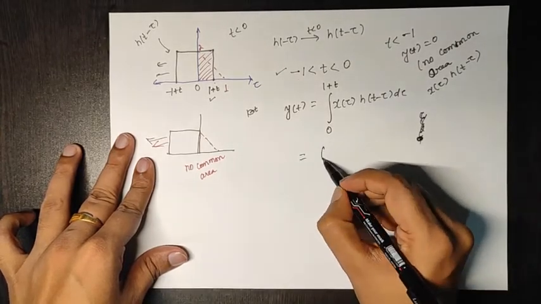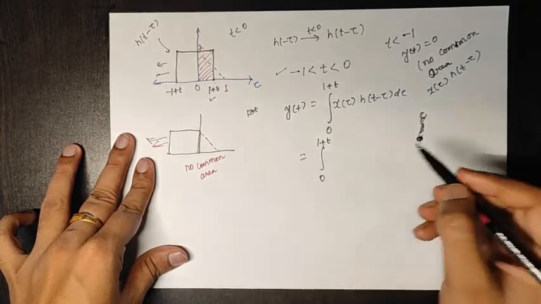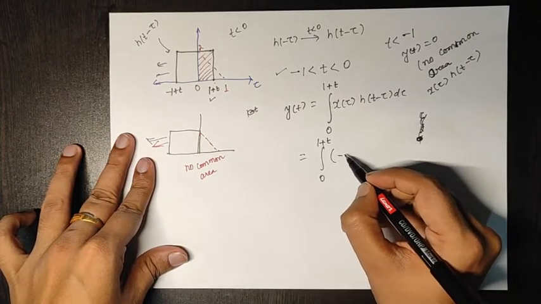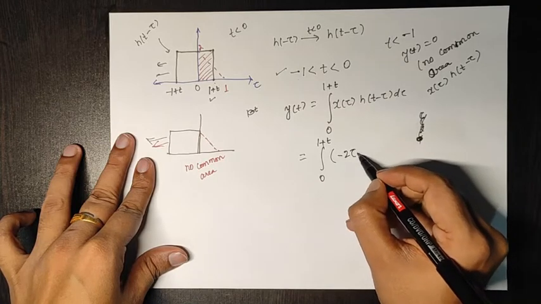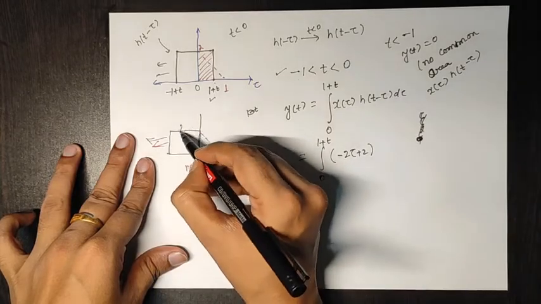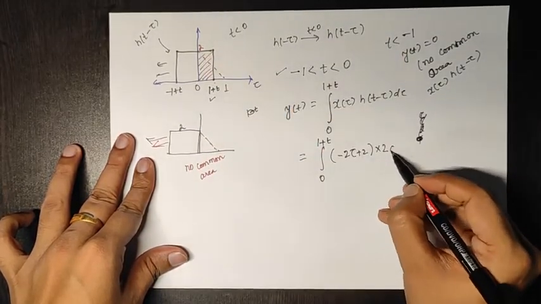So 0 to 1 plus t, and x(tau) is given by the equation we have already found, -2 tau plus 2, and the value of h(t minus tau) is 2. This is 2 only, into 2 into d tau.